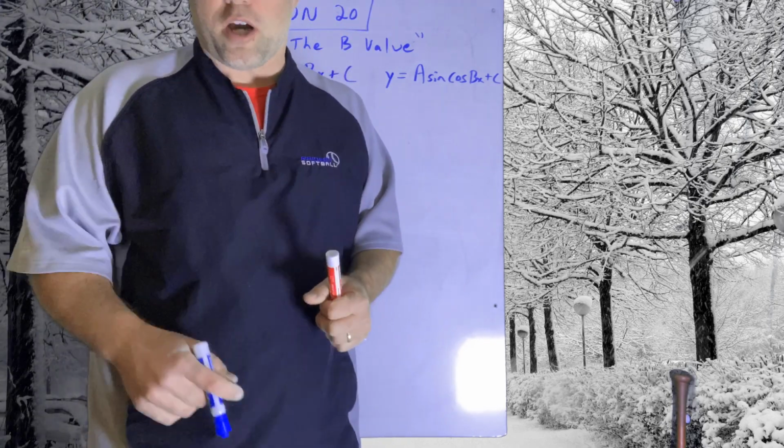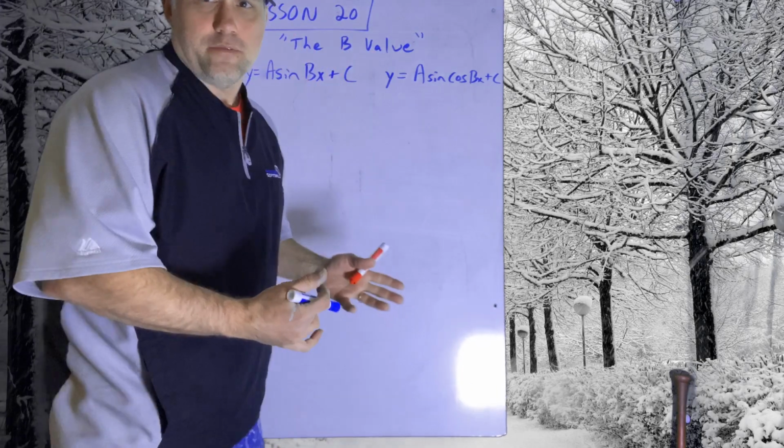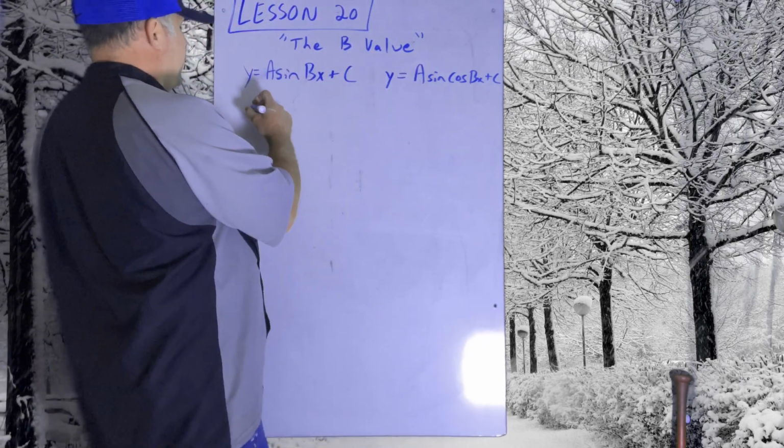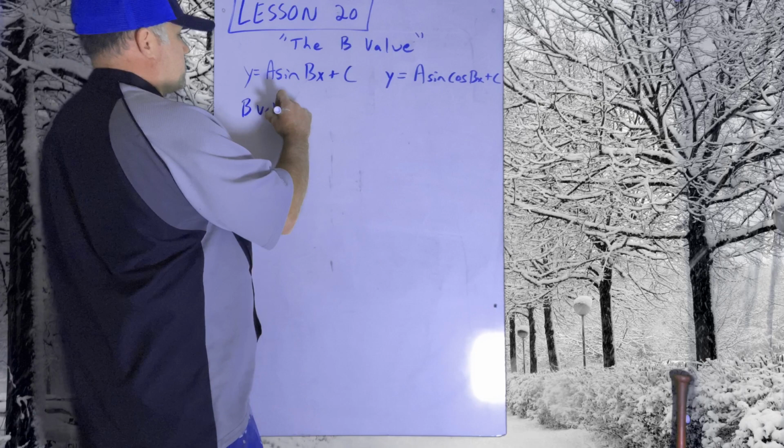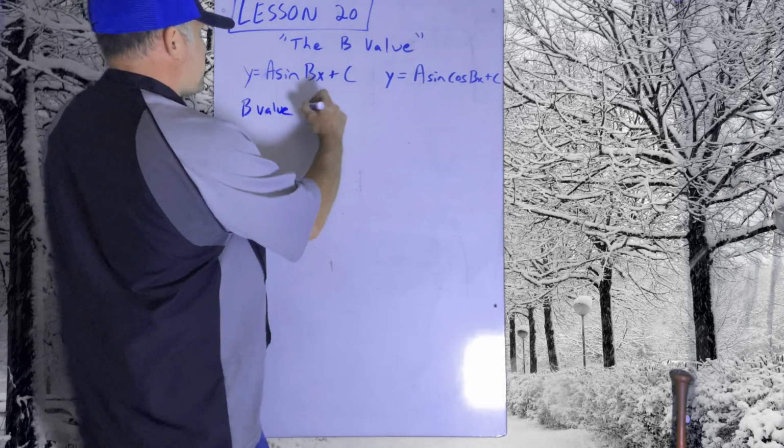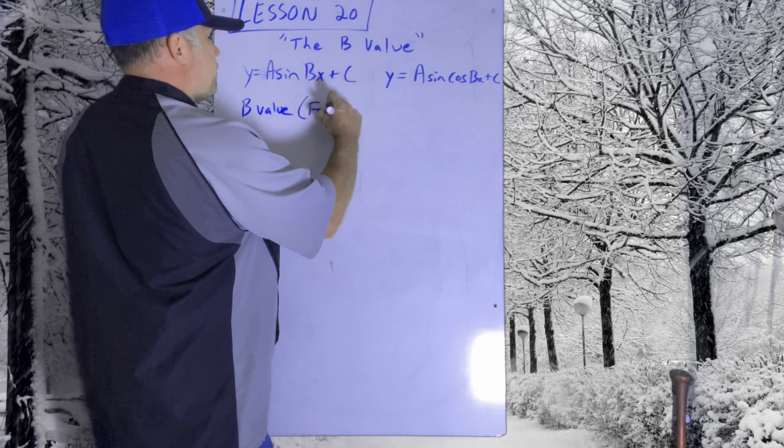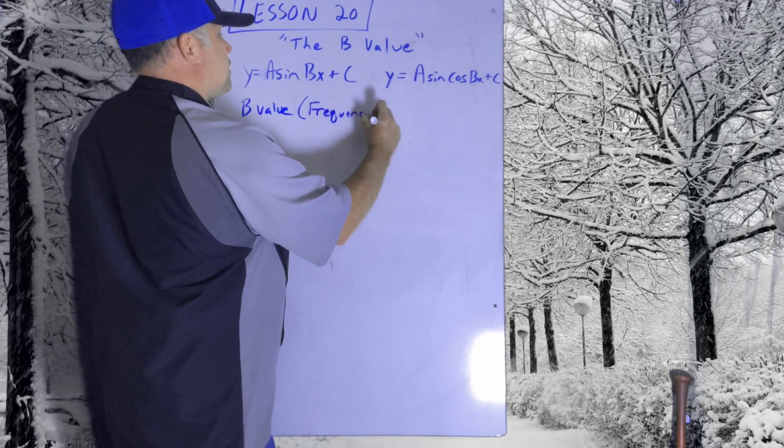All right, so let's start off with defining what the B value is. The B value has a name. We call it the frequency of the graph.